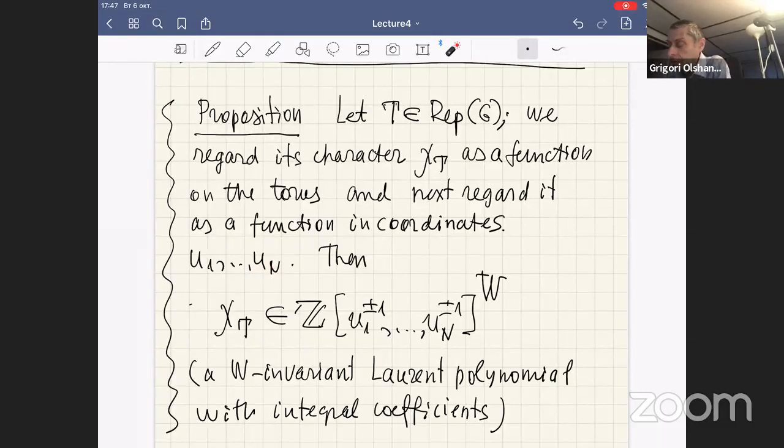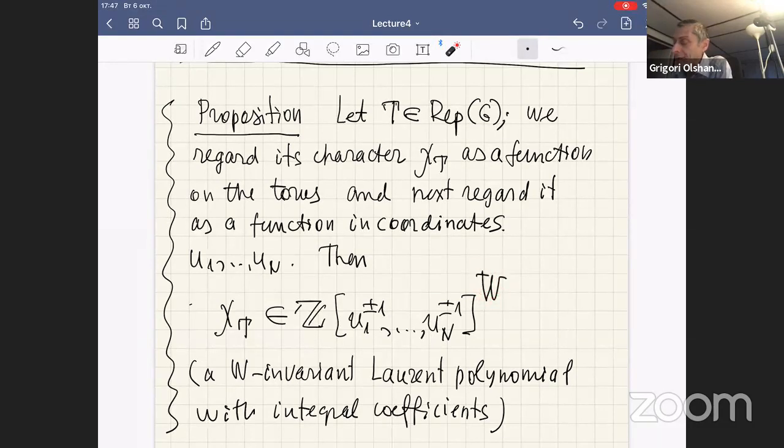What do we get? First, we get some Laurent polynomial. Second, this Laurent polynomial has only integer coefficients, so we can deal over the base ring Z. And finally, it is invariant with respect to the Weyl group.